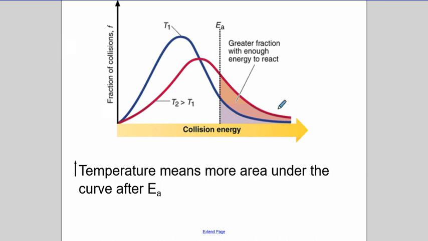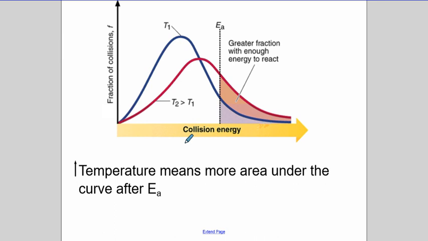So more of the graph reaches this activation phase and is activated enough to collide with the proper amount of energy. Here, the average energy is colder because T1 is smaller than T2, and so less of that substance is activated, so the reaction rate will be slower because there are not as many particles that have the proper activation energy.